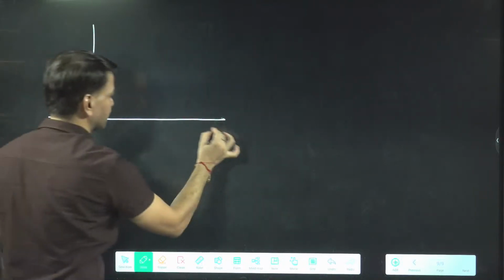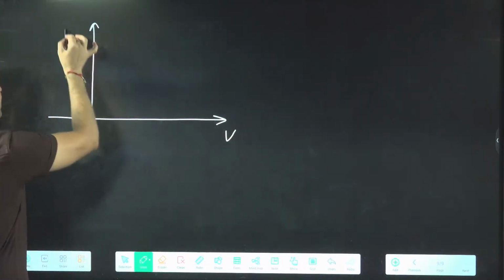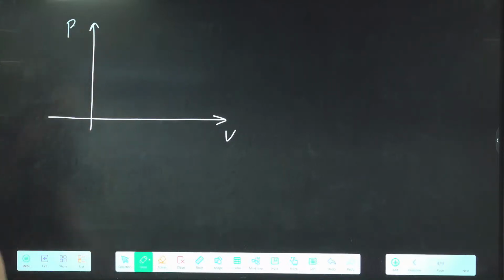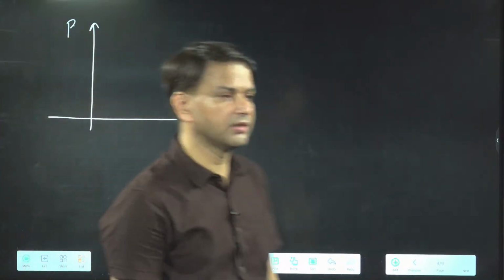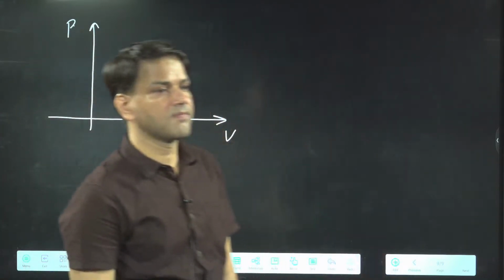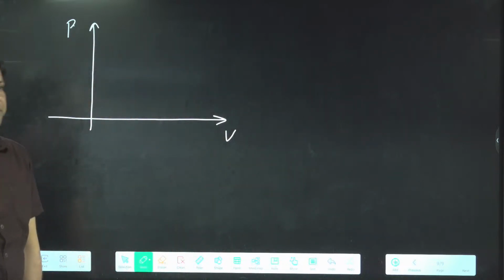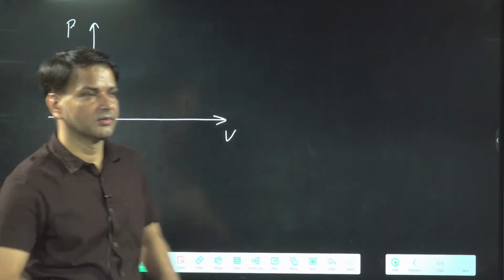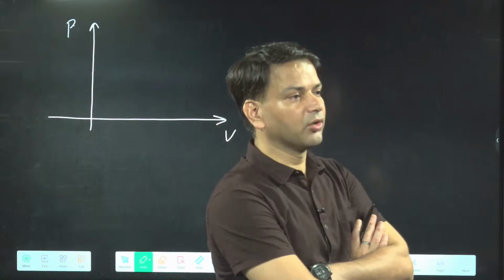So now some graphs. This is the common graph, V and P. In basic mathematics you learned, what graph do you get between P and V? Rectangular hyperbola.